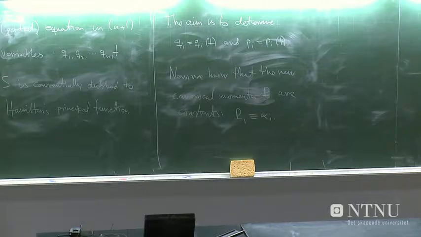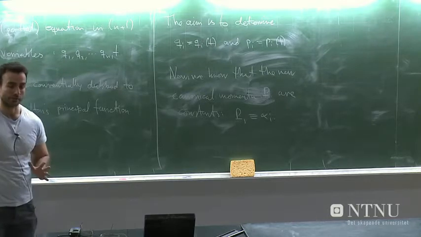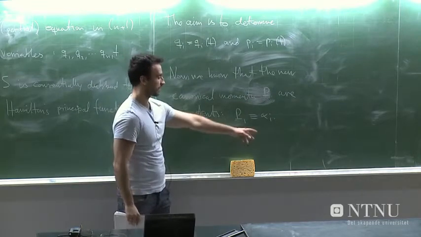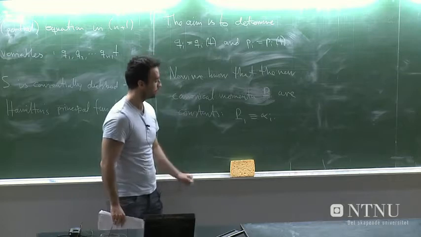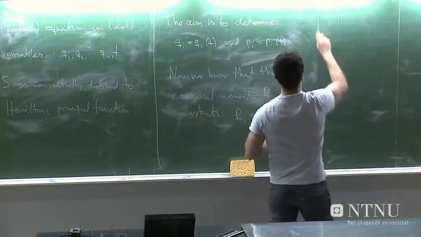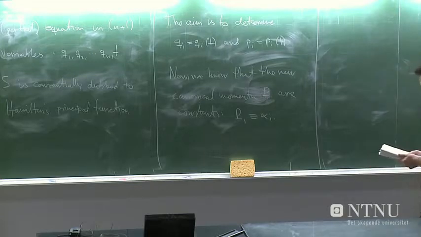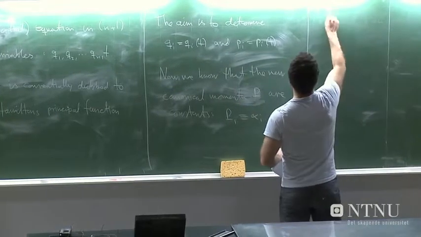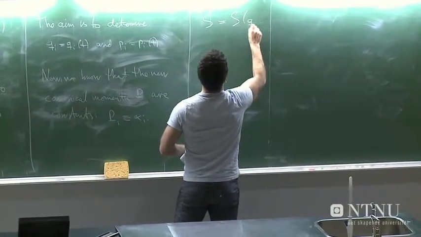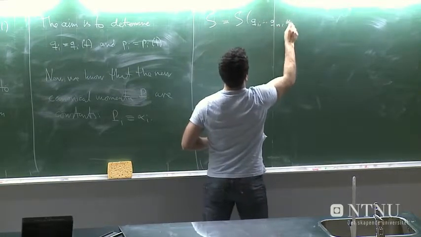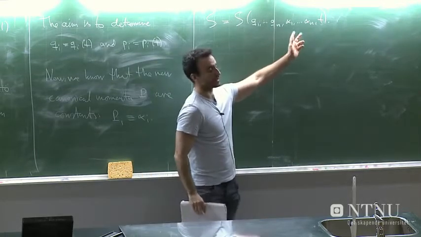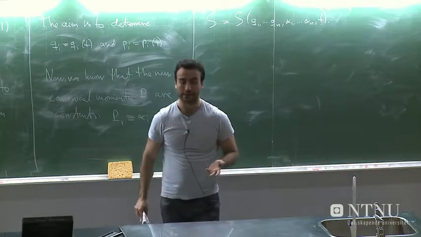Now, we're dealing with extremely simple equations of motion, at least in terms of the new coordinates, because the new coordinates are just constants. So we know, for instance, that the canonical momentum, large P, may be set to some constants alpha_i. So Hamilton's principal function depends on the coordinates and all of these constants, which are basically initial conditions in our problem.